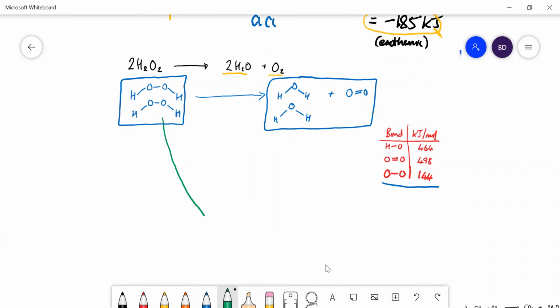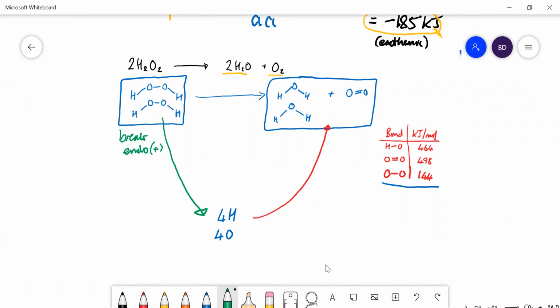We're going to break all of those up into the atoms that it's made from. So it's made from 4 hydrogen atoms and 4 oxygen atoms. And then we're going to build them back up again into the new molecules, making the bonds, and that will release energy. So let's do the breaking bit, which is of course endothermic, and so that's going to give us positive values.